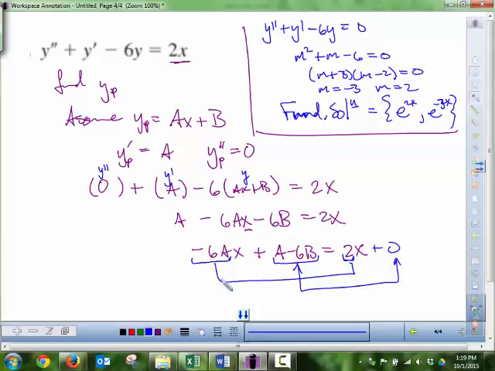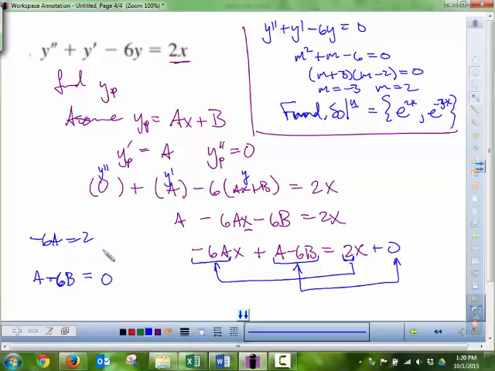So looking at the coefficients of x, I just have x, and then look at the constant terms. We're going to set up a couple of equations with a couple of unknowns and then solve for the unknowns. I have minus 6a is equal to 2. That's easy. And I also have a minus 6b is equal to 0.